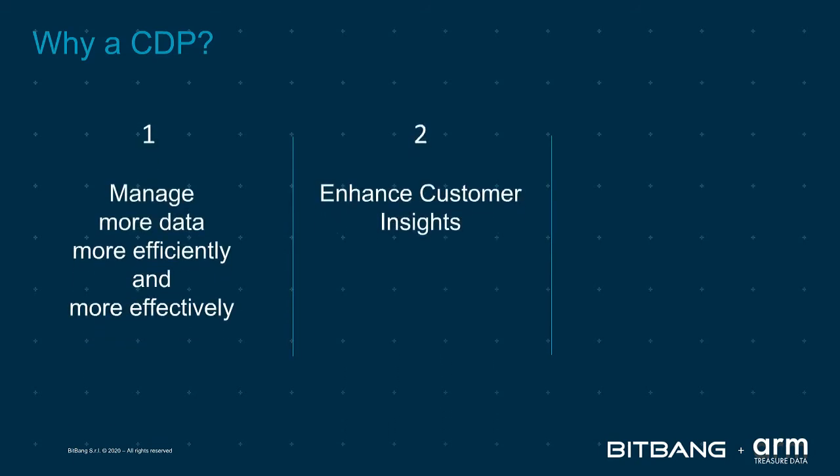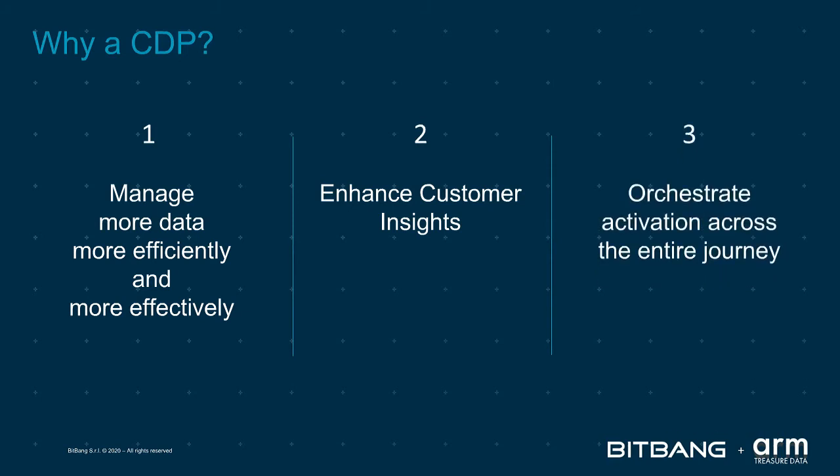So why is a CDP apparently a good fit for your ecosystem? There are multiple reasons to consider the adoption of a CDP, yet none is more important than others, I would say. Some are technical, some are business-oriented or organizational in nature.